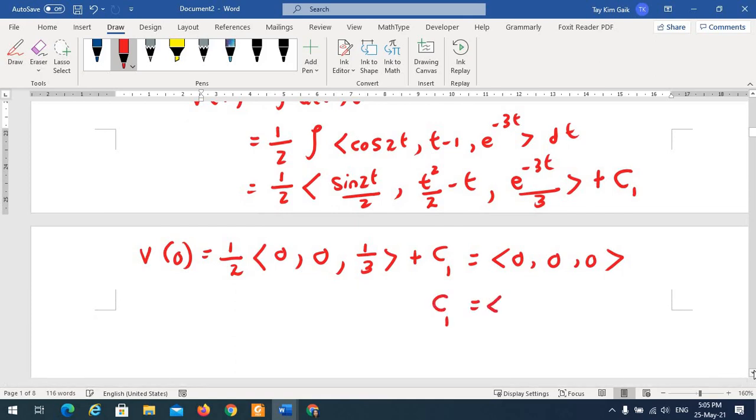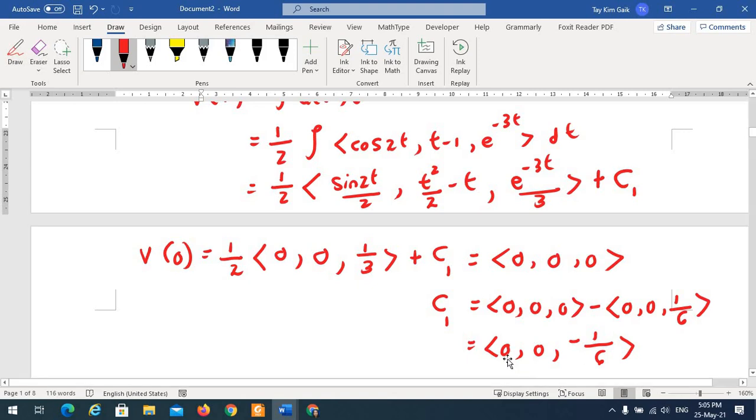So c1 is 0, 0, 0 minus 0, 0, 1/6, so it's 0, 0, negative 1/6. Because components i and j are 0, only component k is 1/6, brought to the right hand side, so minus 1/6.